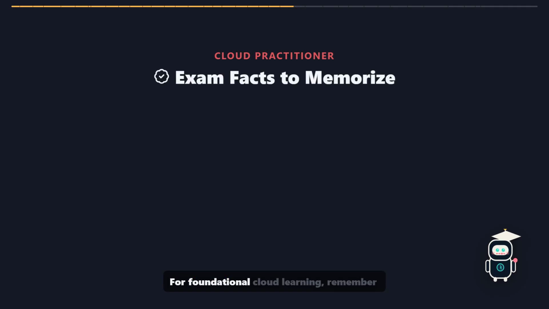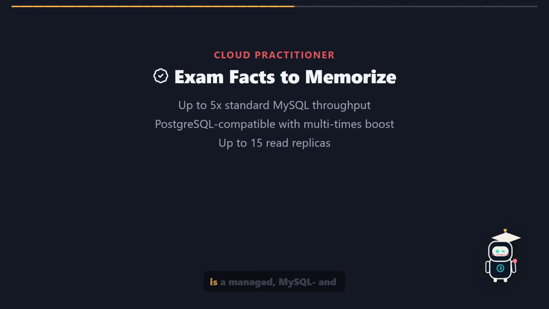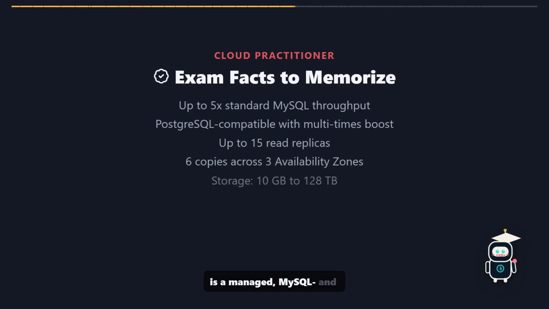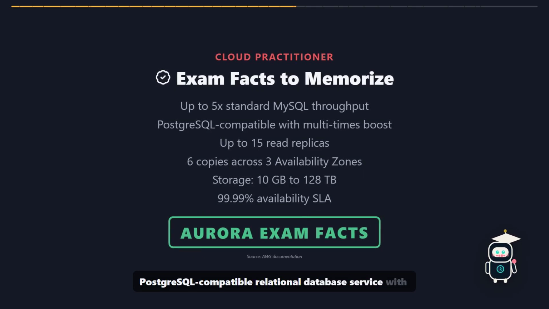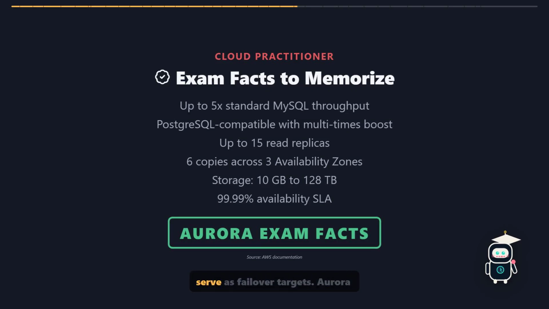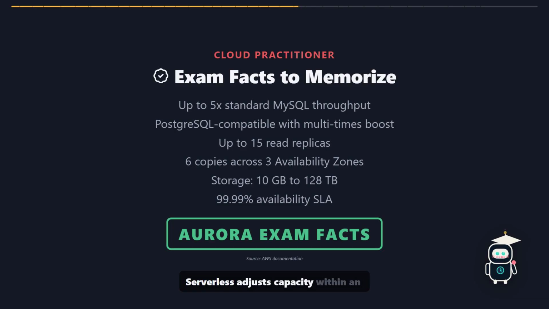For foundational cloud learning, remember the Aurora decision map. Aurora is a managed MySQL and PostgreSQL compatible relational database service with distributed cluster storage. Reader instances can scale eligible reads and serve as failover targets. Aurora Serverless adjusts capacity within an ACU range.